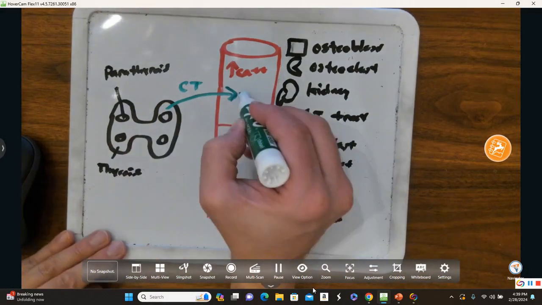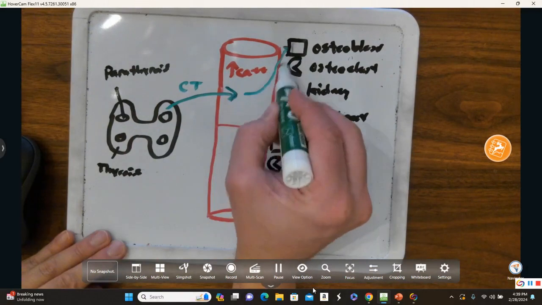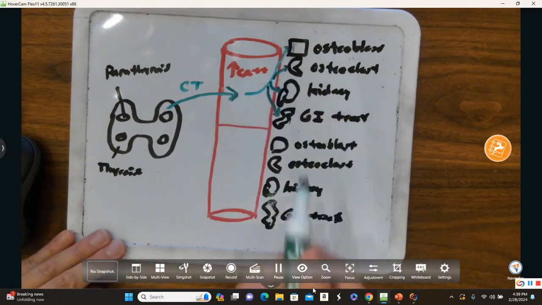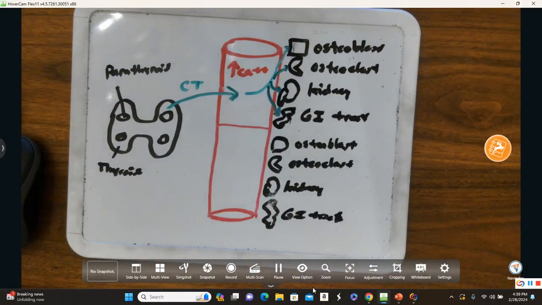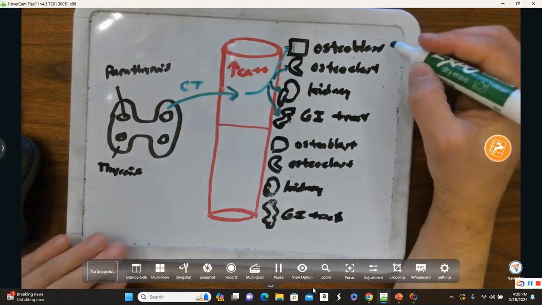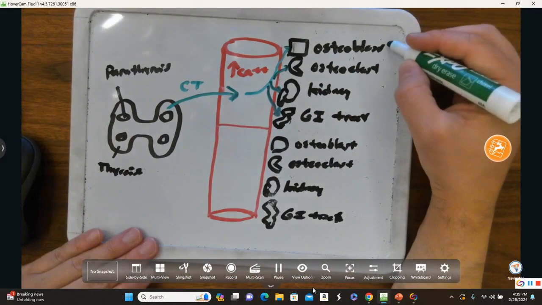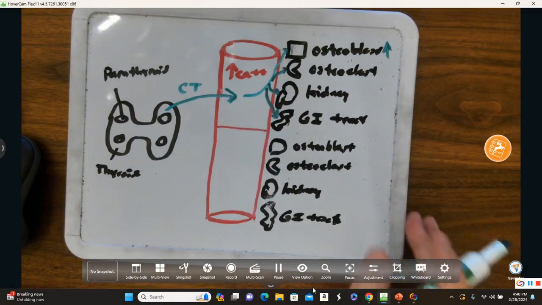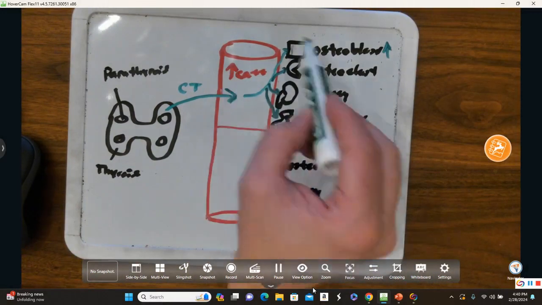Calcitonin is going to ride to these tissues and affect them in many ways. When we come to the osteoblast, we're going to stimulate them, so they start to take calcium out of the blood and put it into bone.